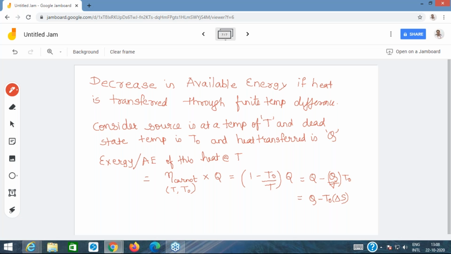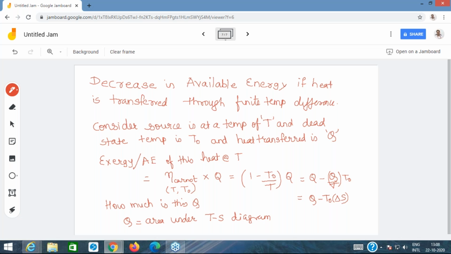Now, how much is this Q in terms of temperature and entropy? This Q is nothing but the area under the temperature entropy diagram when the heat transfer happens.